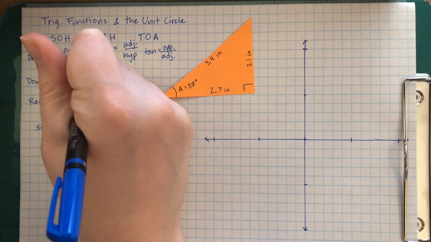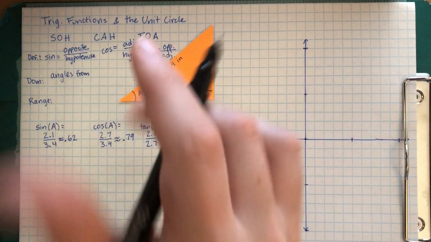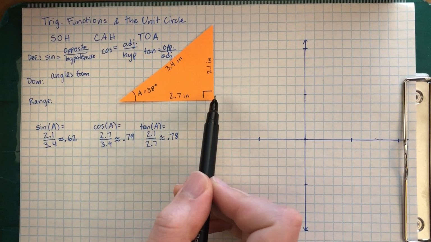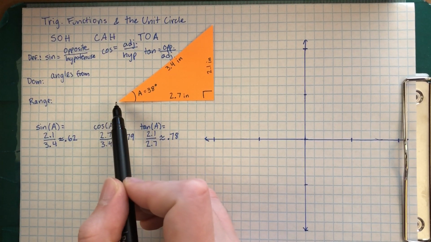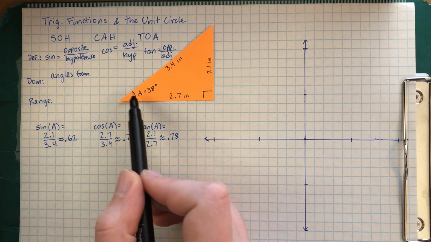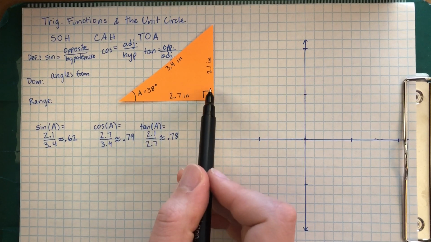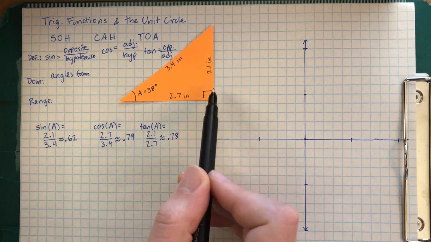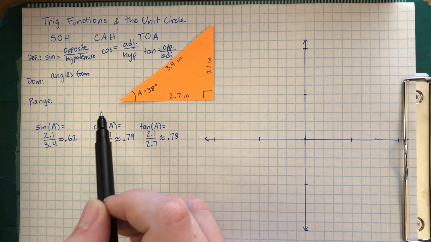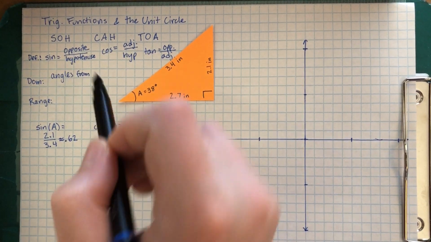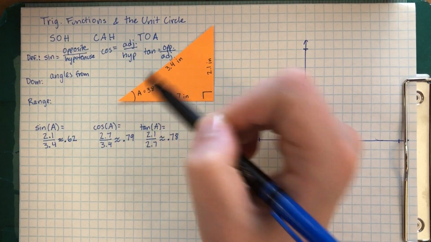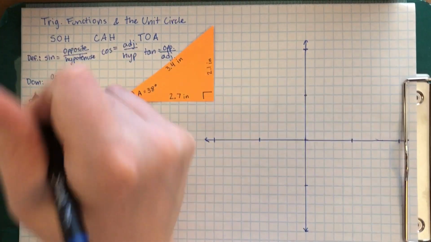from, and looking at this, the smallest angle we could possibly have here, a really, really skinny right triangle, could get really close to 0 degrees. Or if it was tall and skinny the other way, we could get close to 90 degrees.